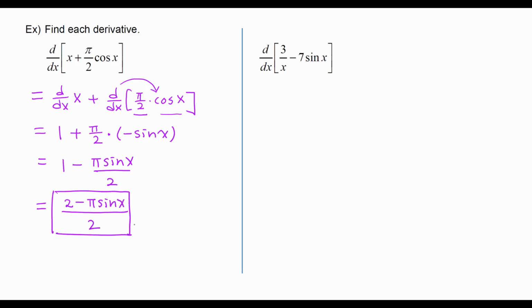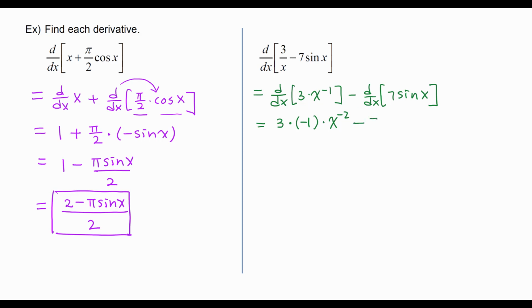How about the derivative of 3 over x minus 7 sine x? That will be equal to the derivative of 3 times x to the negative 1 power minus the derivative of 7 sine x, which is equal to the constant multiple times the power comes down to the front, so negative 1 times, we lose 1 power, so negative 1 minus 1 becomes negative second power, minus the derivative of 7 sine x.